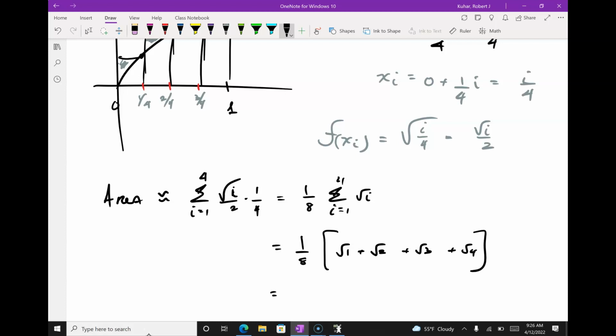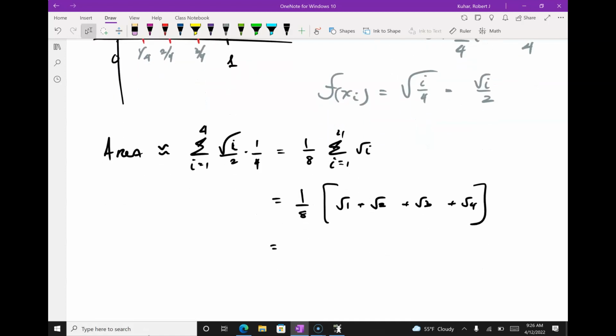My delta x I kind of factored out. So what do I get here? It looks like I get 1 over 8 times, well, square root of 1 is 1, and square root of 4 is 2, so 3 plus rad 2 plus rad 3. And that's my estimate of my area.